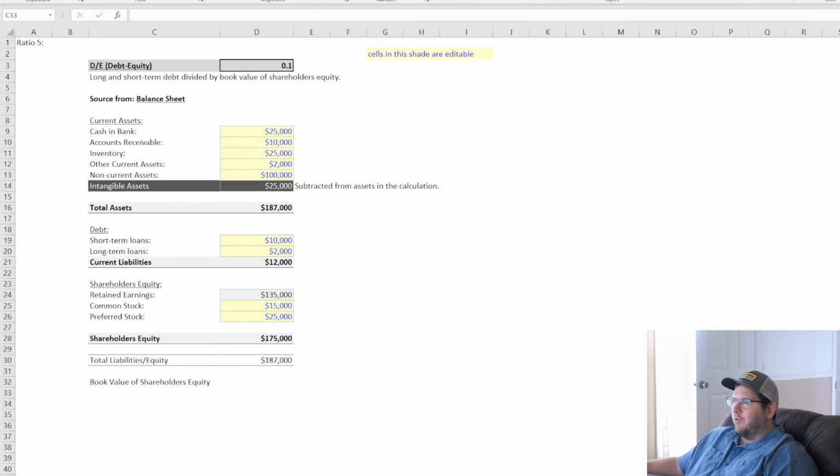And so you could say it's total assets minus total liabilities. However, this other thing is saying here, don't include preferred equity and intangible assets. So typically, preferred stock and intangible assets are on the balance sheet, but we don't want them here.